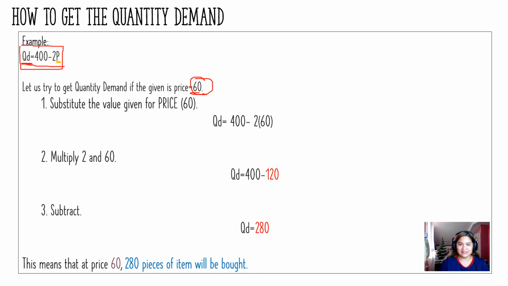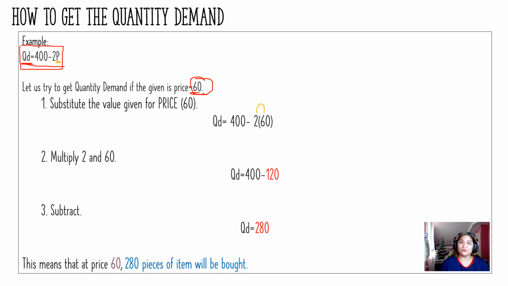Again, 60 is the price given. And then next, you're going to multiply 2 and 60. So that will be QD equals 400 minus 120, because 2 times 60 is 120.